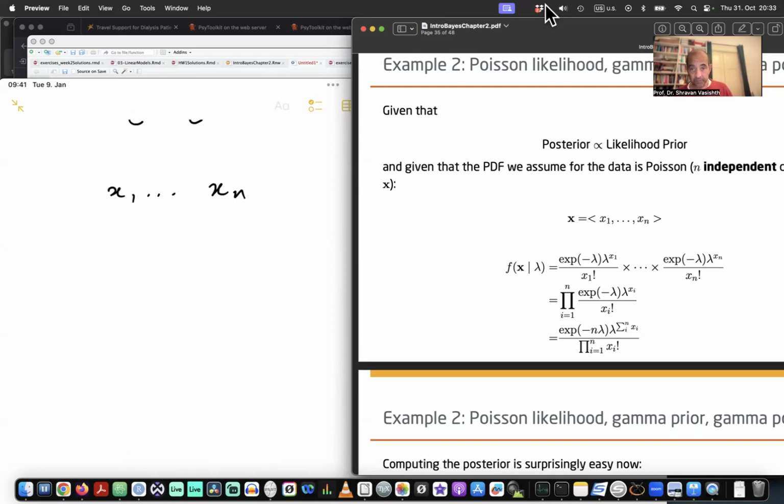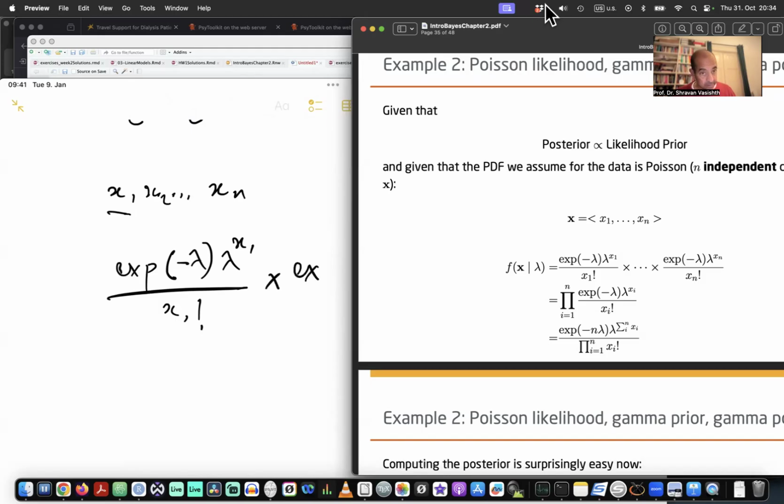What we are doing is multiplying the probability of observing x1, x2, all the way to xn. That's what you're seeing in the very first line here, which says exponent minus lambda x1 over x1 factorial times exponent. Oh, you can't see anything, can you? Sorry. Just move this over.